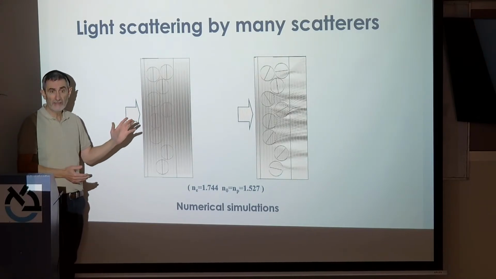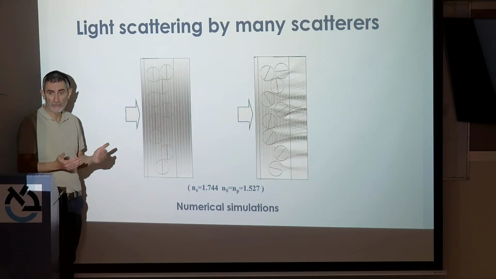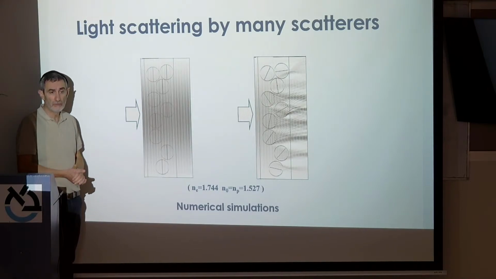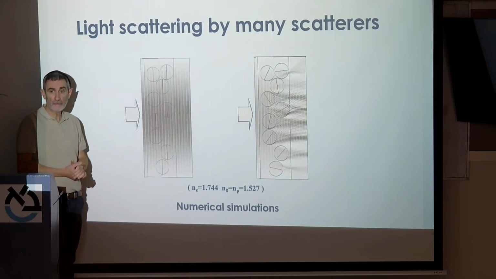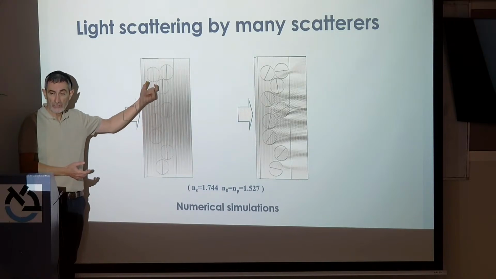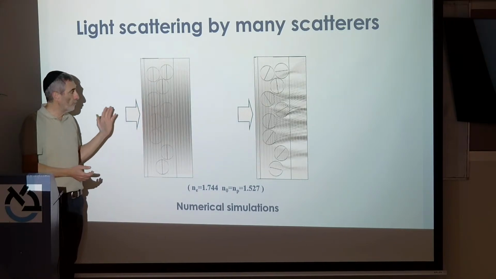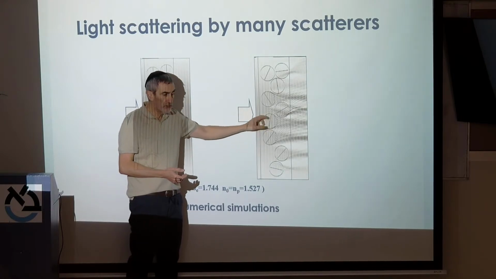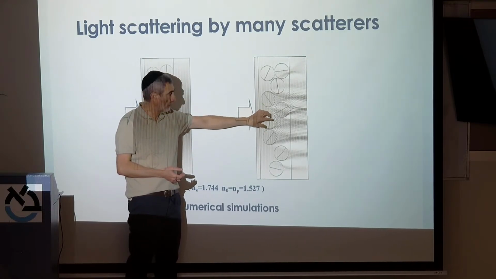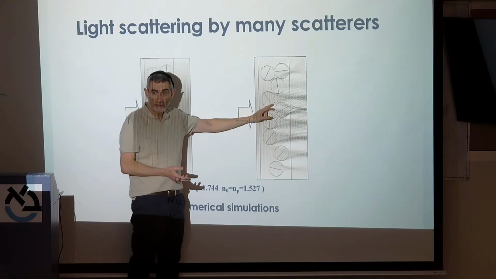In liquid crystal, the nonlinear effects are huge, very, very strong. The electric field of the incident wave can modify the orientation of the liquid crystal inside each scatterer. So you have a wave that comes, and because it is intense, it will change the orientation of the scatterer. Light will be scattered in another direction.